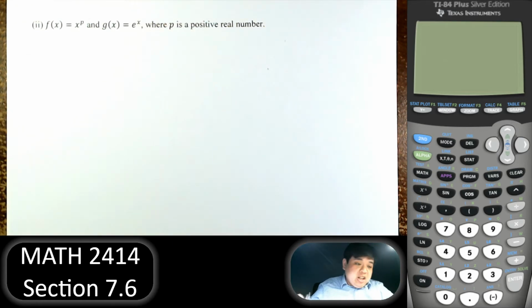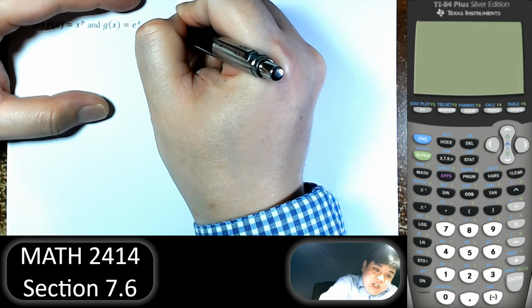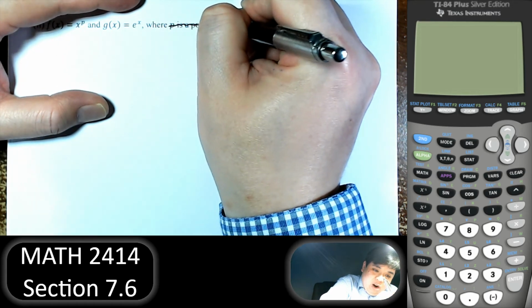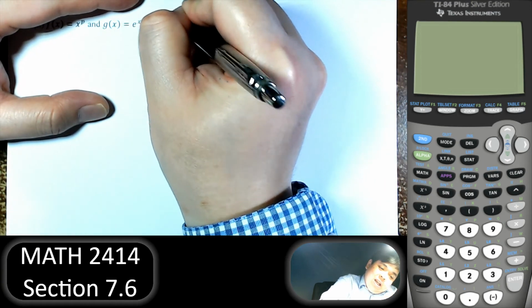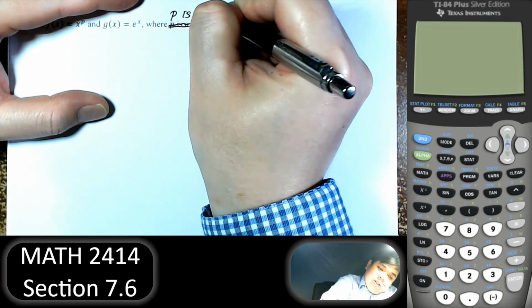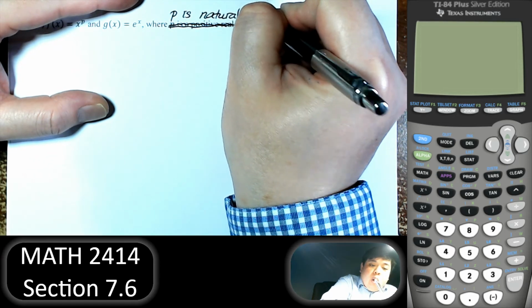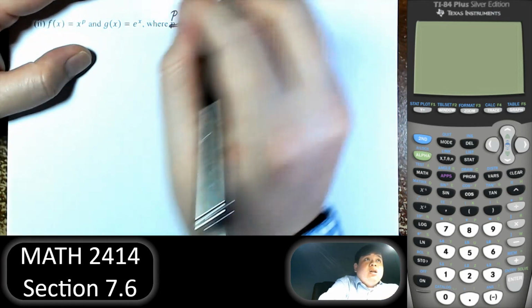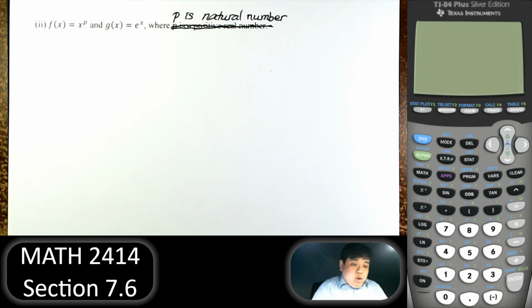Please change this so that p is, in this case, actually a natural number. I wanted to change the prompt, but I changed the wrong prompt. In this case, p is a natural number. Don't worry about it; when I post the notes online, I'll make this change.